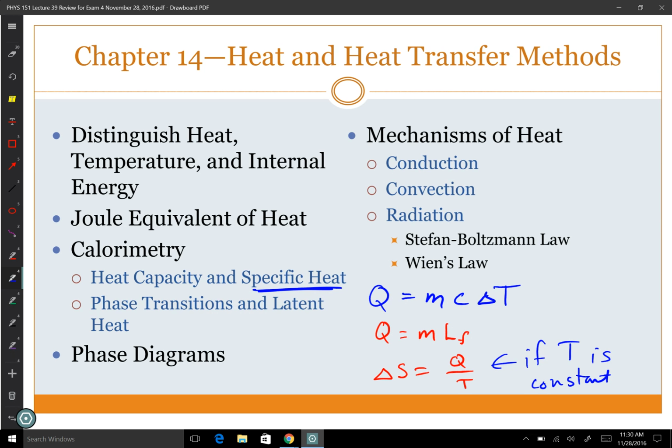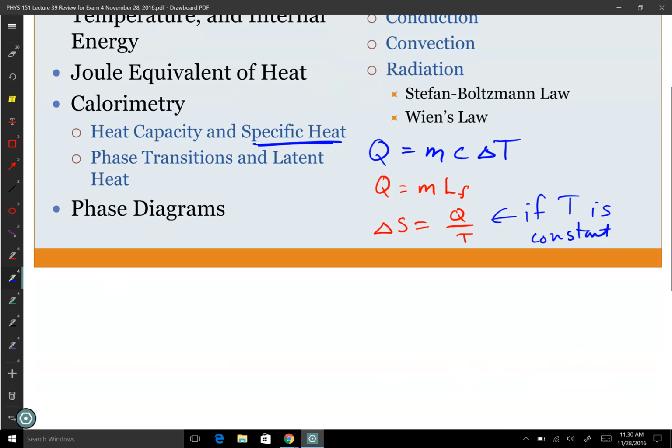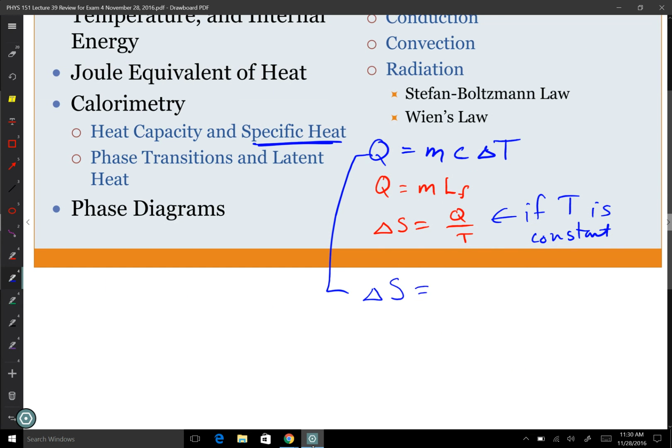It's not constant, and so I can't use the equation that way. So we worked out in class on Wednesday last week that for a situation where this applies, you have to use that equation.